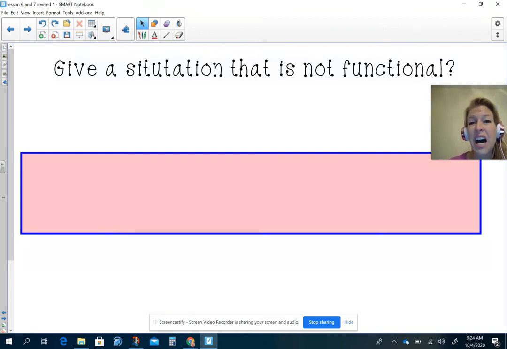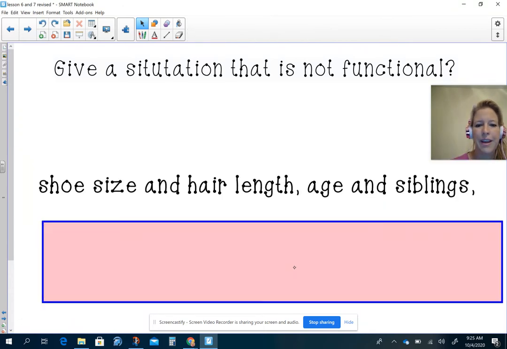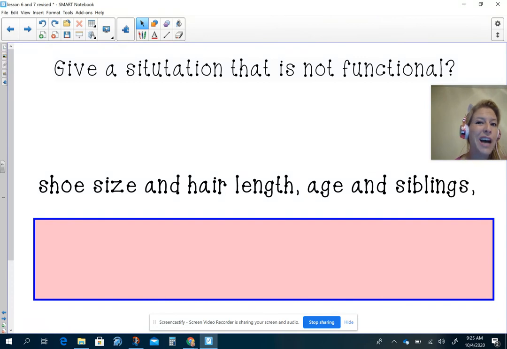Okay, so there's a lot of situations that are not functional. I just came up with a few of them. You ready? All right, so I came up with your shoe size and your hair length. So if I'm sitting in my classroom and I ask my kids to take off their shoes, do you know how many of their shoes are going to be the same?